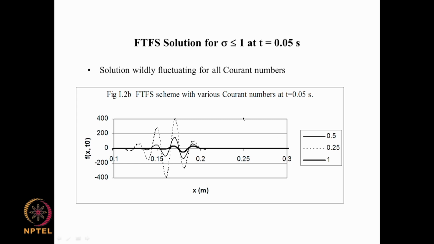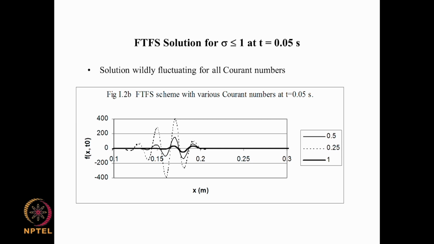And for the FTFS scheme, we found that although it is formally of the same order of accuracy as the FTBS scheme, it was giving no good solution for any value of Courant number.